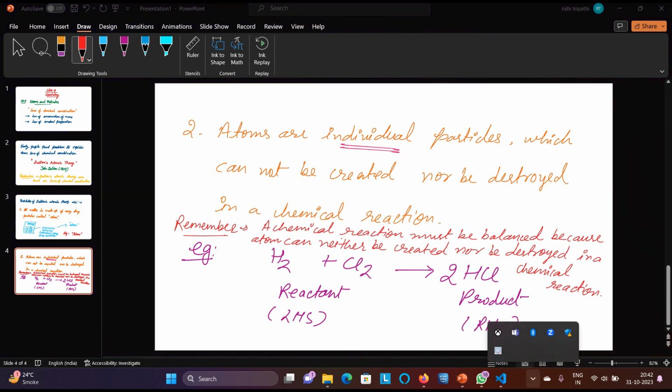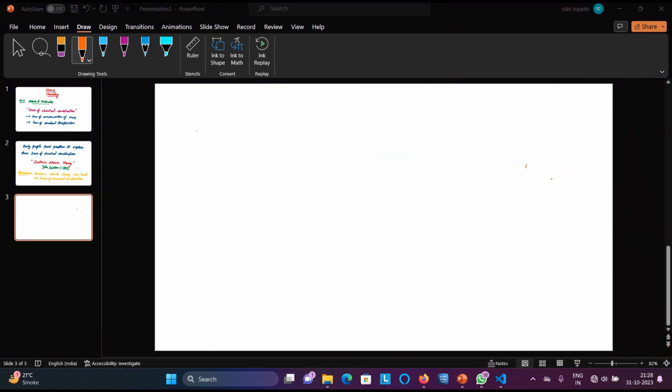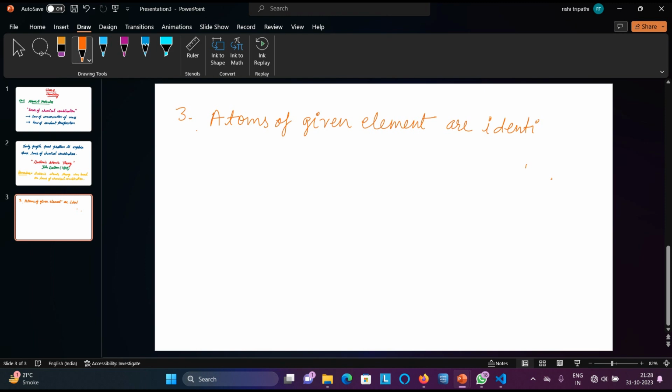Now we'll come to the third postulate of Dalton's atomic theory, which is: atoms of a given element are identical in mass and chemical properties.